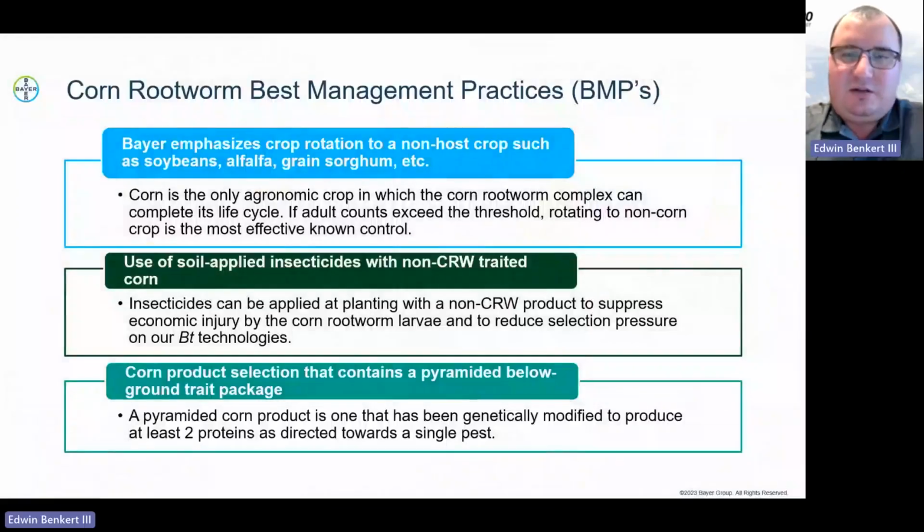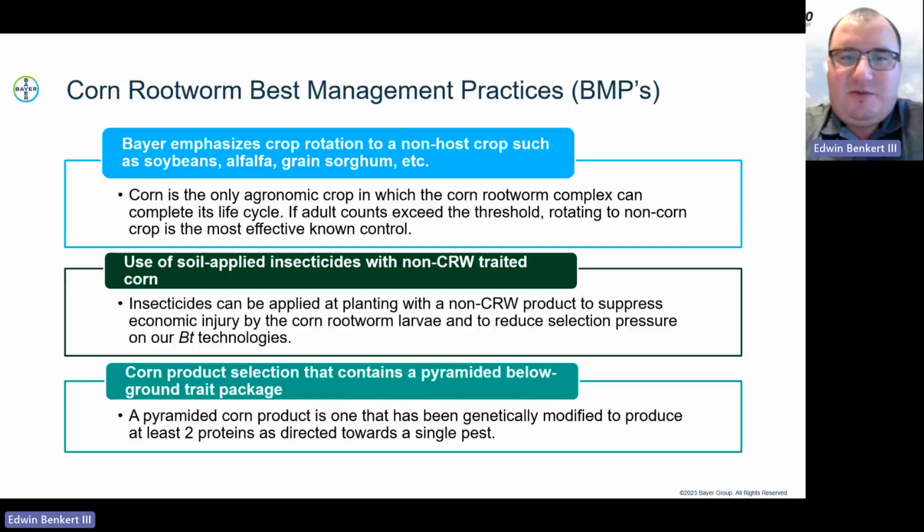But again, we want to make sure that we're utilizing these best management practices for corn rootworm, right? So again, like I've said previously, SmartStax PRO works very well. We have seen very good performance and protection in corn rootworm fields, but we need to think of it as another tool in our toolbox, and really need to think of corn rootworm management as a holistic approach.